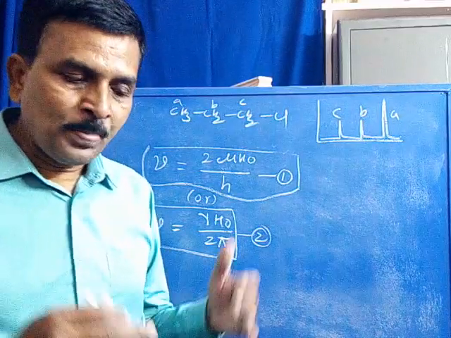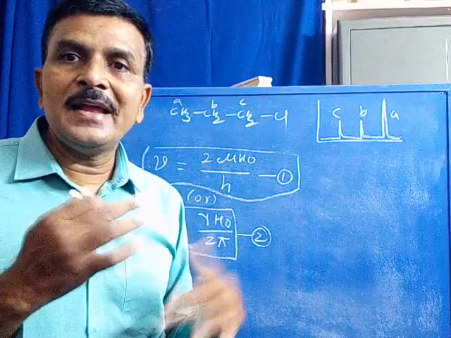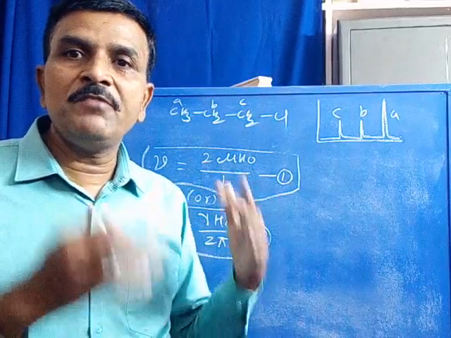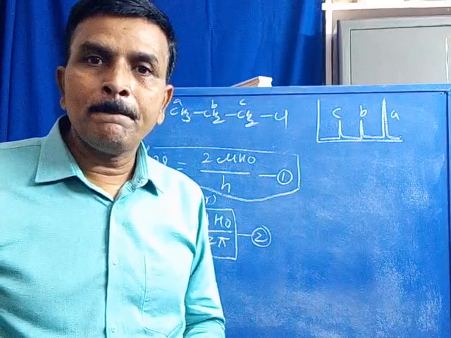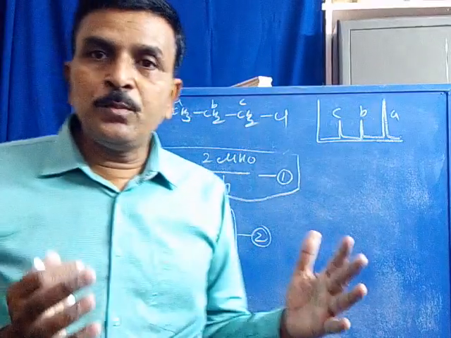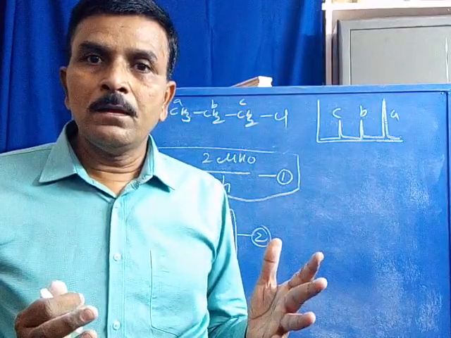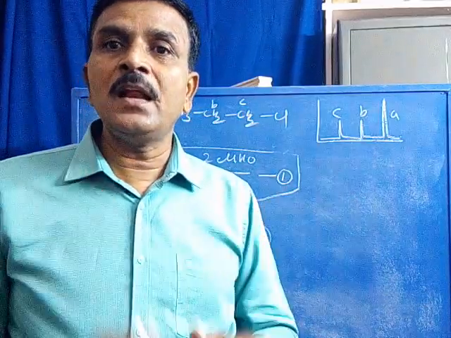Are you following? Theoretically, using the equations, we can calculate the absorption frequency for each and every set. But coming to practicality, it is not possible because we are exposing the whole molecule in the instrument to a range of external magnetic field.